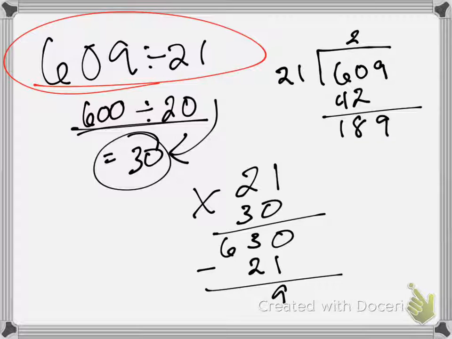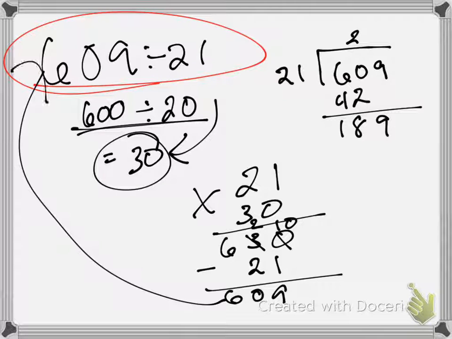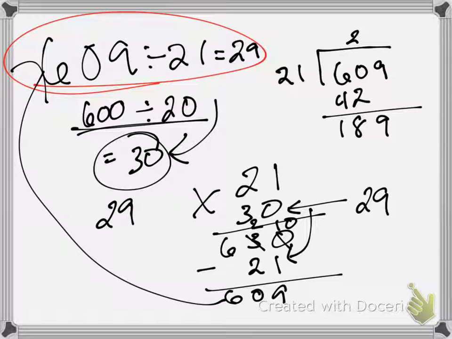We take that away, we get 609. Well, that's what our original dividend is, so that is the answer. We took 1 away from this group, so we started with 30, but we took 1 away right here, so now we have 29. So our actual quotient is 29. So the actual answer to this is 29.